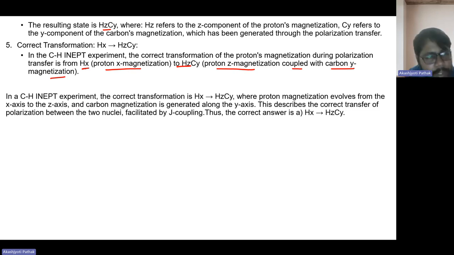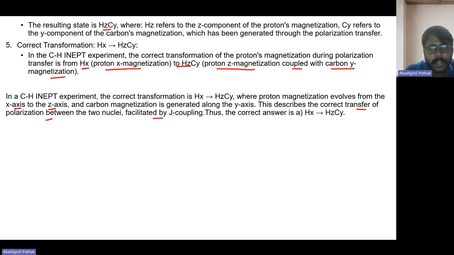In summary, in a CH INEPT experiment the correct transformation is HX to HZCY, where the proton magnetization evolves from the x-axis back to the z-axis, and the carbon magnetization is generated along the y-axis. This describes the correct transfer of polarization between two nuclei facilitated by J coupling.